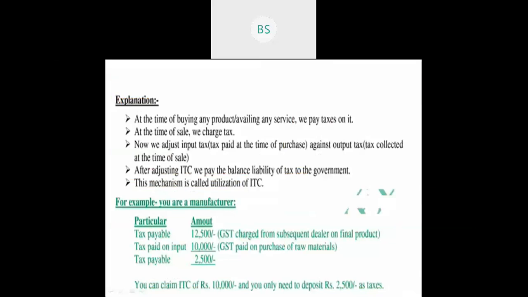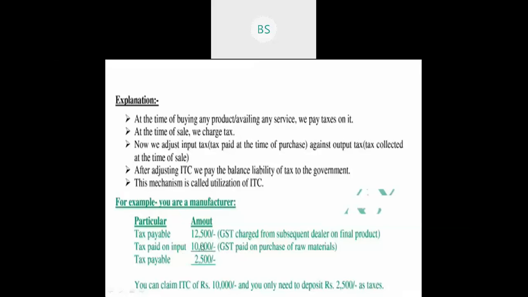Here one example is given. Maybe a manufacturer's total amount is 12,500. GST is charged from the subsequent dealer on the final product. Tax paid on input, that is maybe the raw material or any material he has used to prepare that product, is 10,000 rupees.